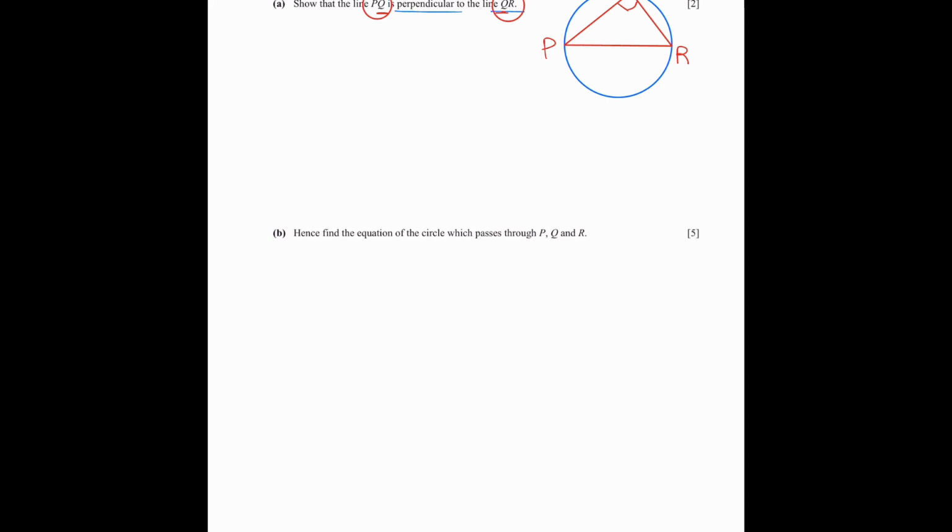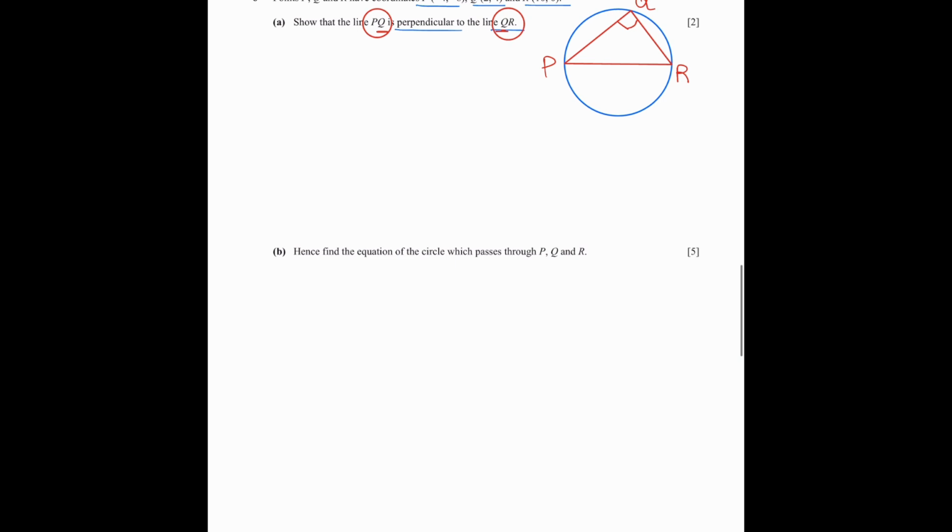How will we do it? First of all, gradient m1 of PQ equal to 4 plus 8 over 2 plus 4, 12 over 6 equal to 2, and gradient of QR is 0 minus 4 over 10 minus 2, minus 4 over 8 equal negative half.